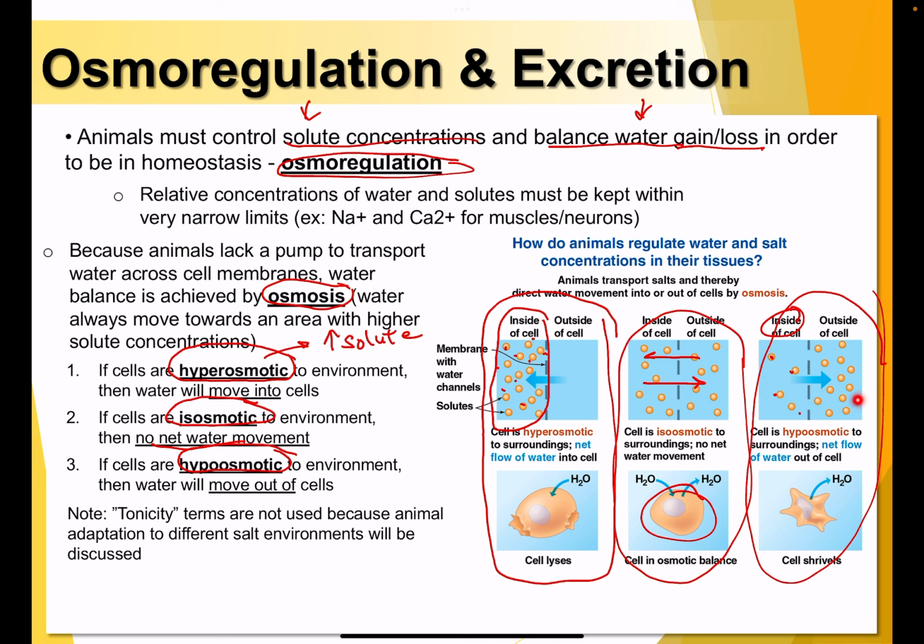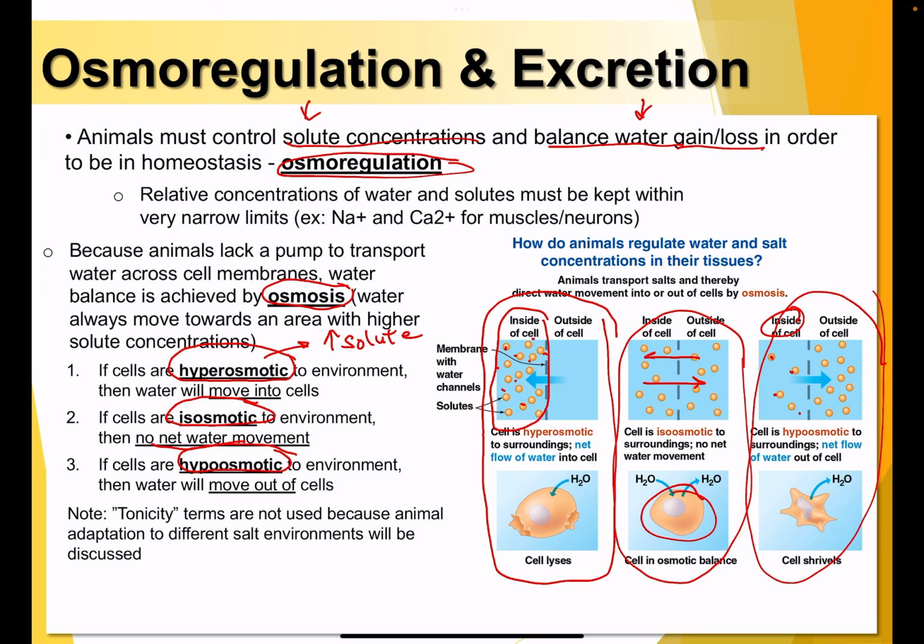In a cell situation, usually the cell ends up shriveling, or in red blood cells we call it crenating. When the cell shrivels, that means water has moved out, and the cell is not happy. The animal is not happy; they will not survive. So for animals to survive with perfect osmolarity or osmoregulation maintenance, they want to be isoosmotic as much as possible.